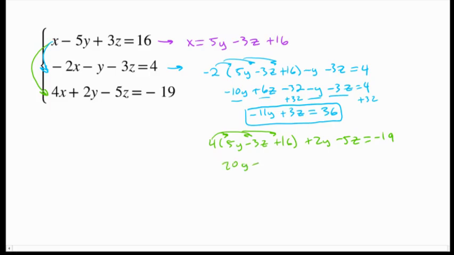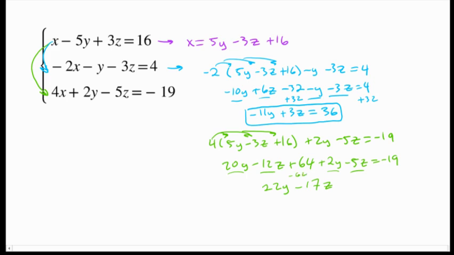So 20y minus 12z, and then 16 times 4 is 64. That's a big number and kind of ugly, but we'll work with it. Plus 2y minus 5z equals negative 19. So my y's here, I got 22y, and my z's here, I got negative 17z.